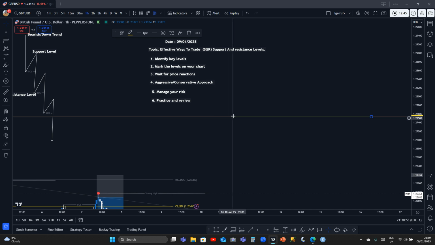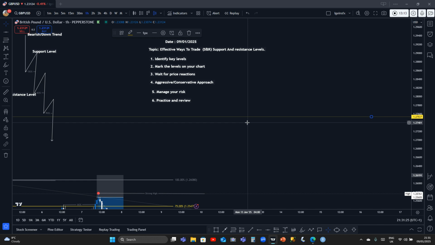Once you start seeing that reaction, you take position. And once you have decided that once price bounces from that level or rejects from that level, you take position. All right. You can take position, or you can wait for confirmation.